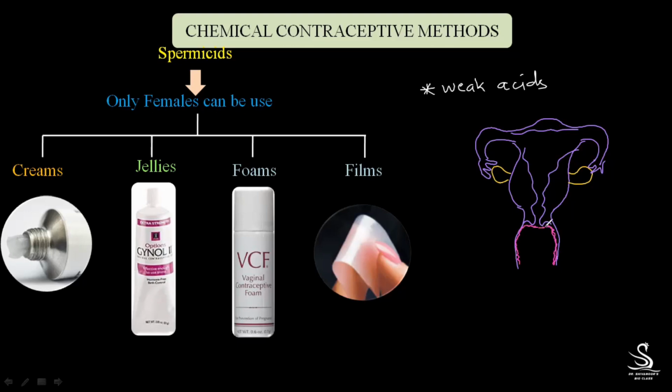Otherwise, they can use it along with different barrier methods. You already know that diaphragms are there, as well as cervical caps or vaults. Along with these, they can use the chemical methods.